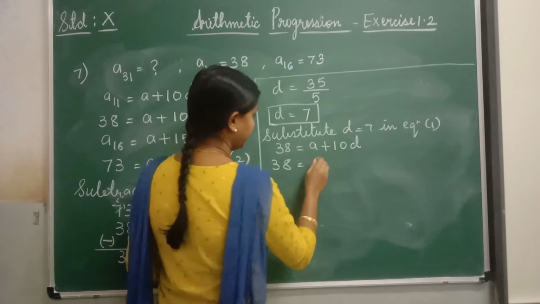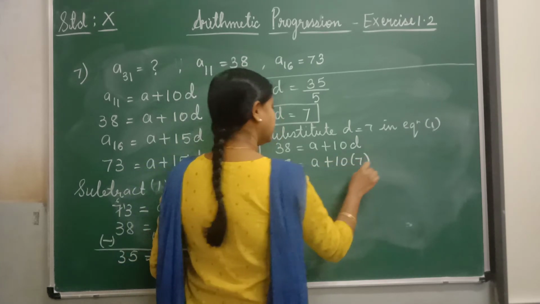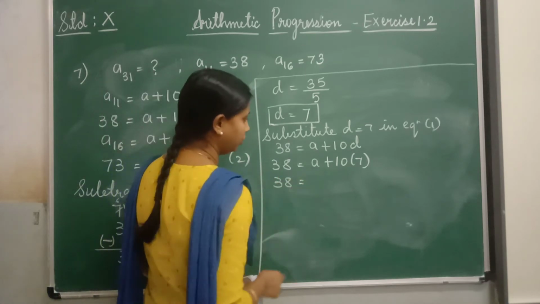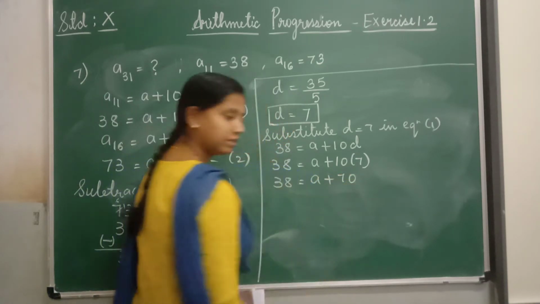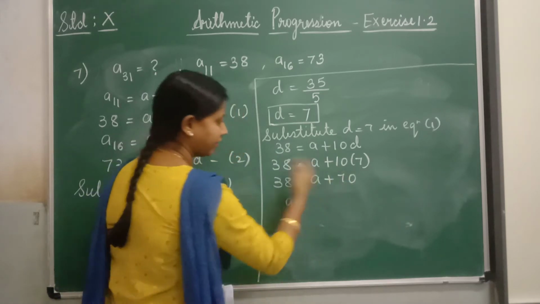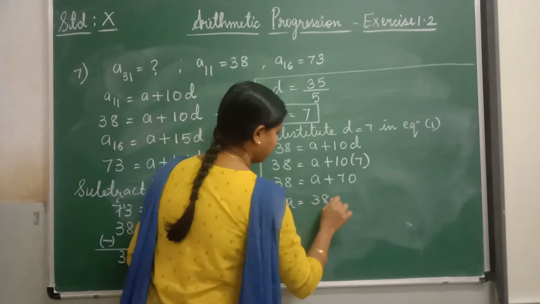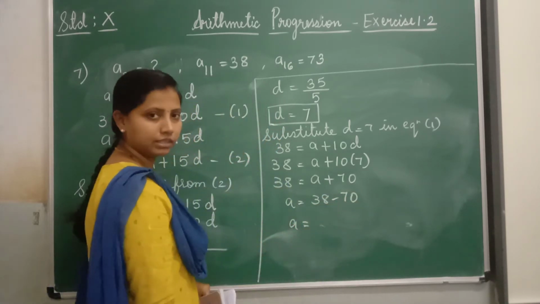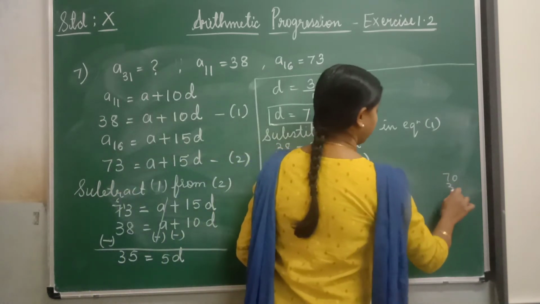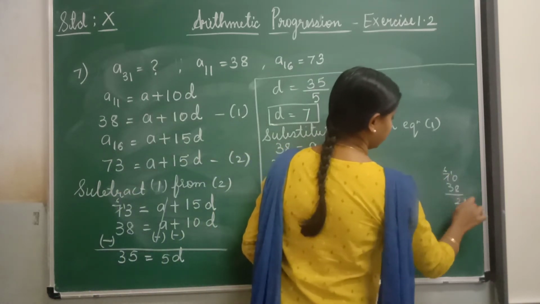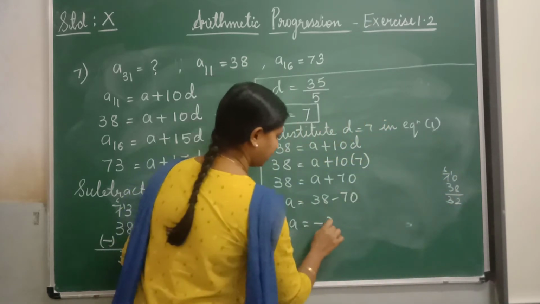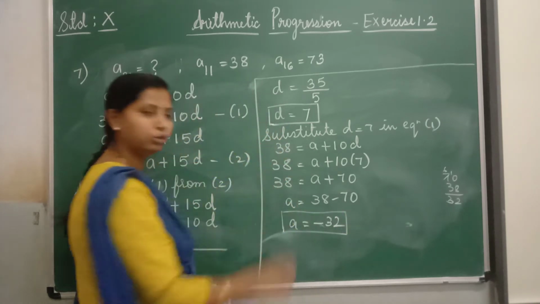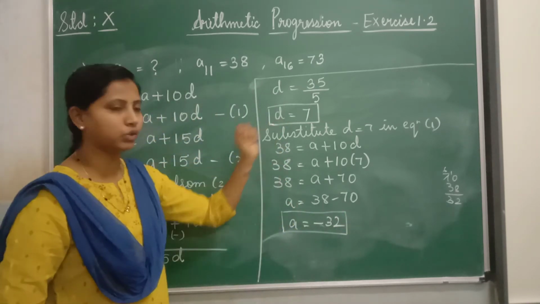So 38 equals A plus 10 into 7, substituting 7 in place of D. So you got A and you also got D.